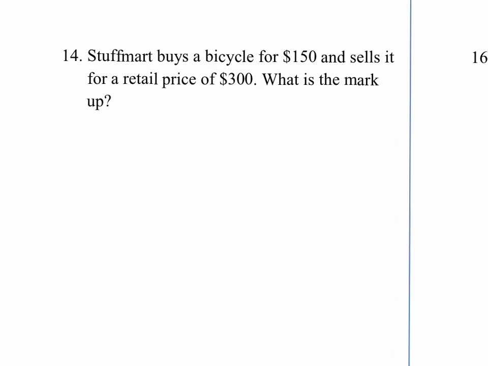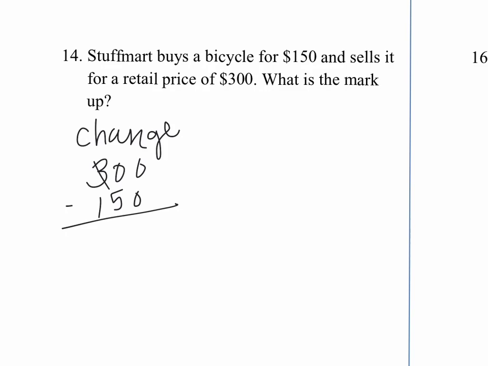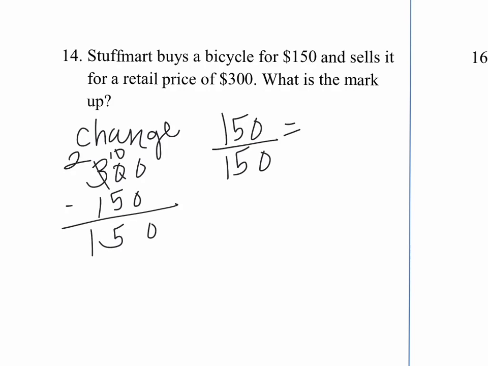So we have to find the change in price from 300 to 150. When you subtract, you get 150. So the change, which is 150, over the original of 150 is equal to the percent out of 100.